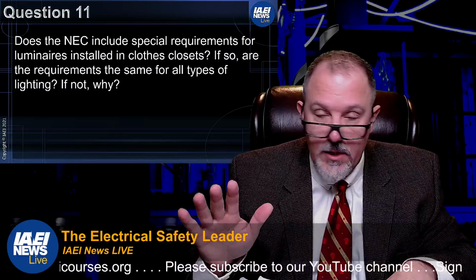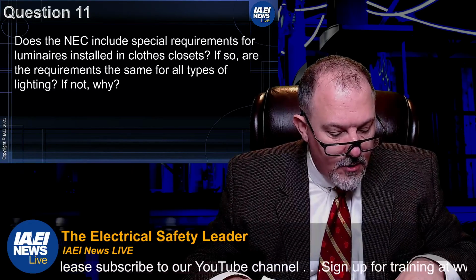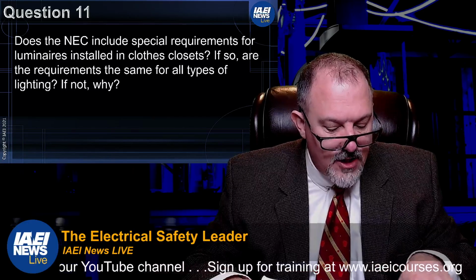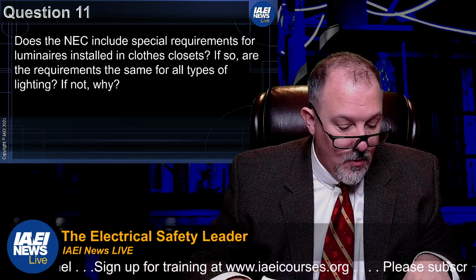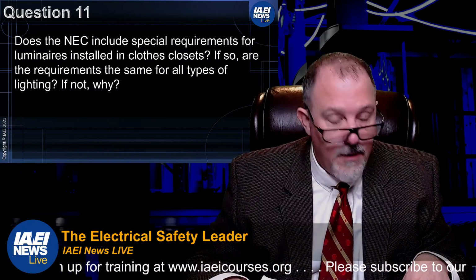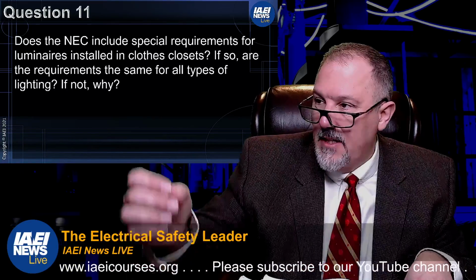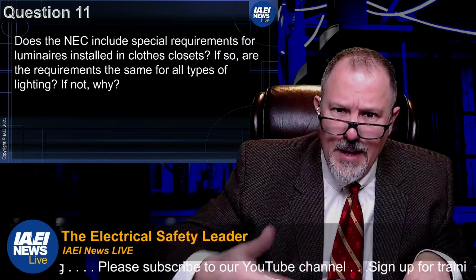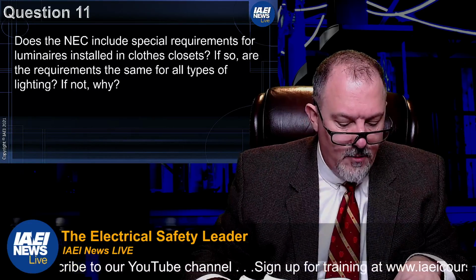Let's look at what 410.11 says. Luminaires shall be constructed, installed, or equipped with shades or guards so that combustible material is not subject to temperatures in excess of 194 degrees Fahrenheit or 90 degrees C. All right, that might be a consideration, but it doesn't specifically say closed closets, so we keep going. 410.12 is luminaires over combustible material.